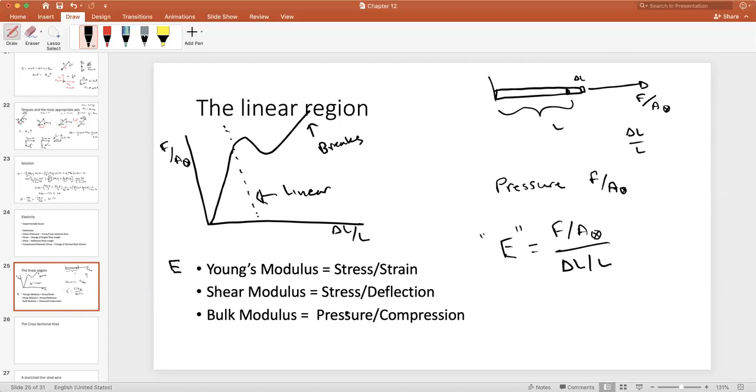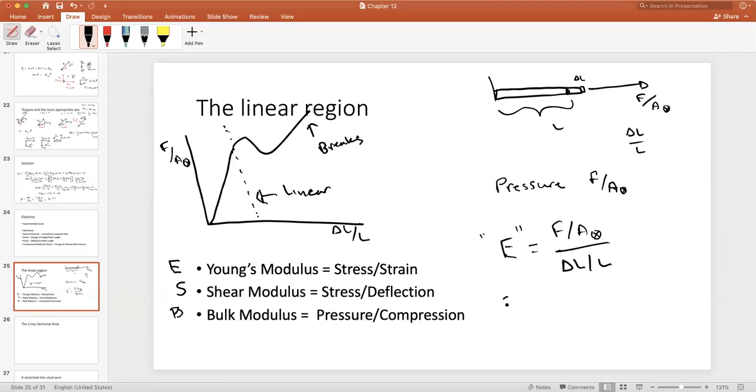Similarly, for stress, we have S, as your book likes to call it, and S is the shear modulus, and it's a measure of the force over area divided by the deflection over total length. We'll go over that more in detail in a minute. And then lastly, your book calls it B, it's a bulk modulus, and if you apply a pressure, there's a compression until it ruptures in that compression.